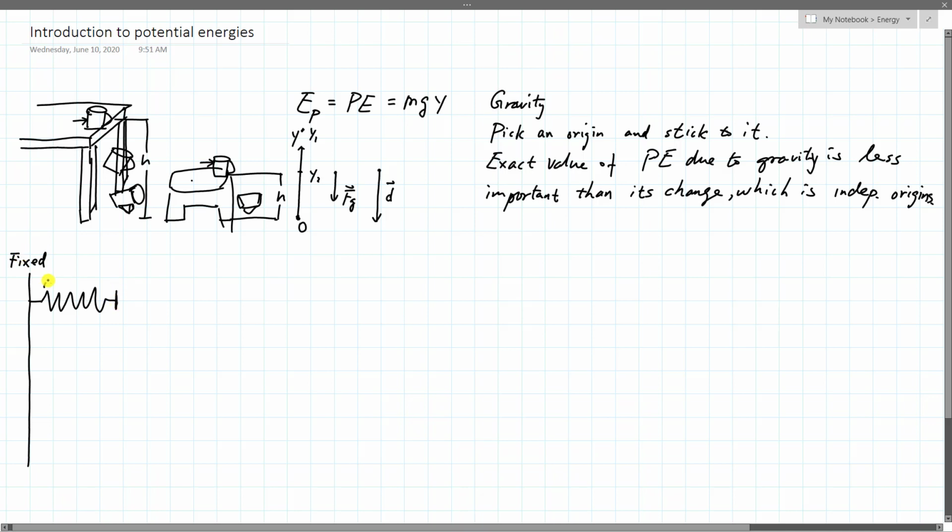So right now the spring is resting, and this is its natural length. Let's call it x0. And if we stretch it, or if we compress it, there will be a change. So let's try to stretch it first.